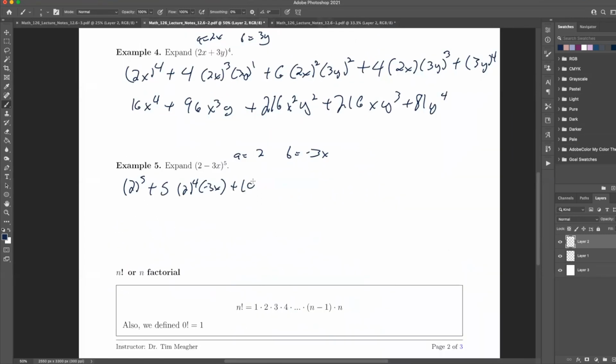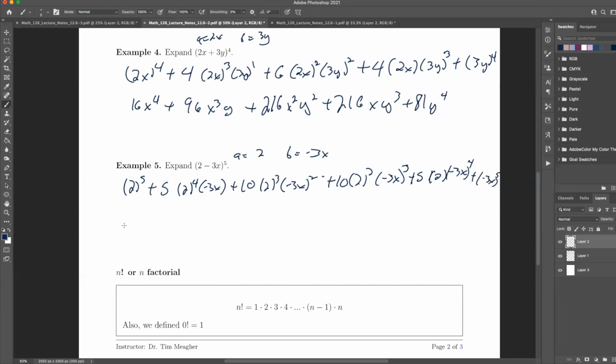Okay, that makes it easy. 10 times 2 to the third, negative 3x squared, plus 10 times 2 to the squared, minus 3x cubed. And notice here that the powers 2 and 3, 2 and 3 add up to 5, plus 5 of 2 times negative 3x to the fourth plus negative 3x to the fifth.